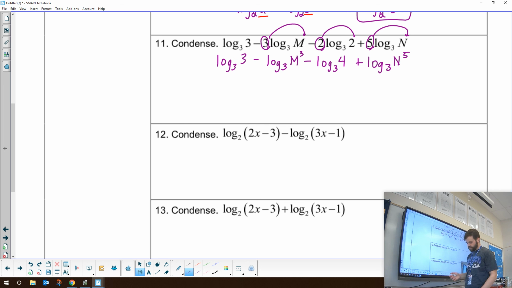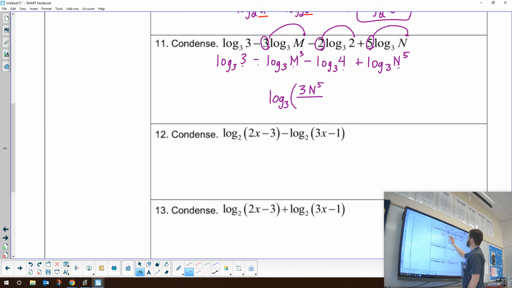Now we've got to pay attention to what our values are and if they're being subtracted or multiplied. For instance, this one has no minus in front, so it's being multiplied, so it's going to be on top. This one's being minus, this one's being minus, and this one's being added. So whenever I rewrite this, we're going to go log base 3 of, on top of my fraction, we're going to have a 3, and we're also going to have n to the 5th on top.